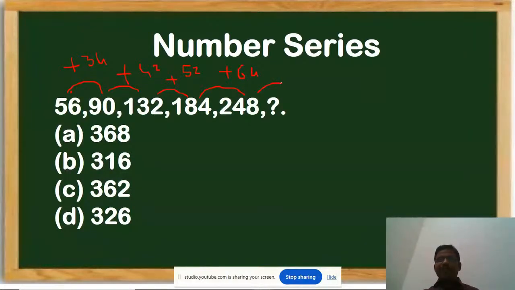So the next difference from 248 to the finding number is what? Anyone?